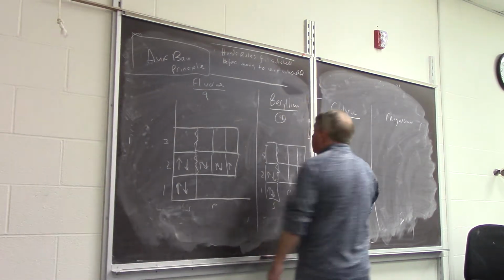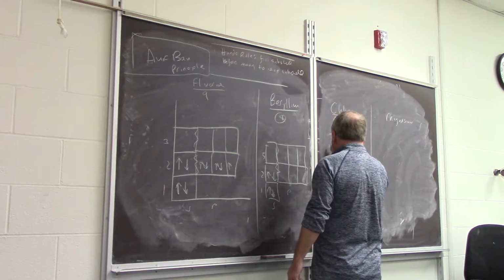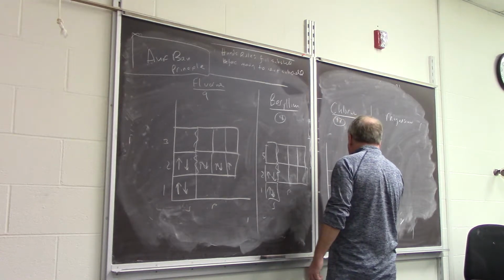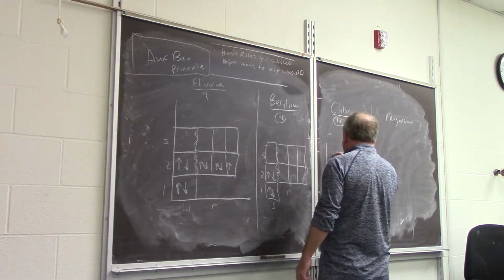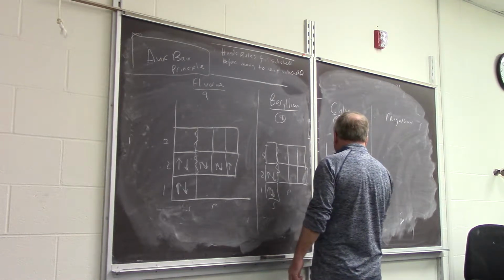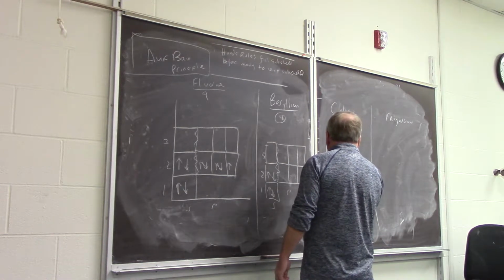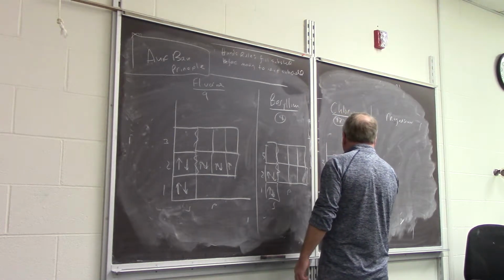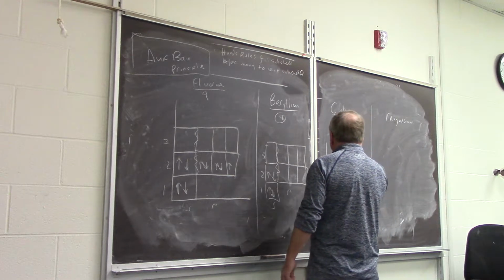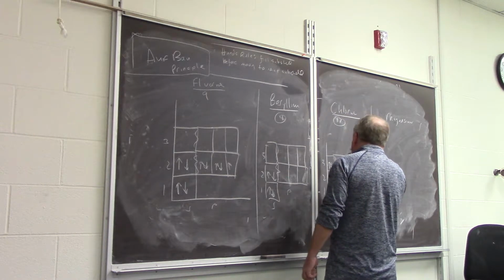Alright, chlorine has 17 electrons. 1, 2, 3, 4, 5, 6, 7, 8, 9, 10, 11, 12, 13, 14, 15, 16, 17.